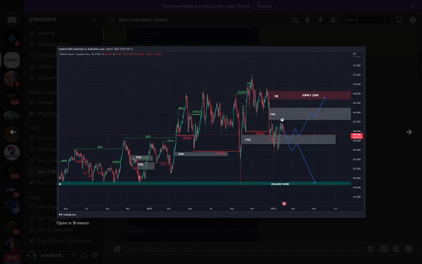What I'd like to see is price to fill up this fair value gap here, and our change of character was in here. So the order block that caused that change of character is this one here. So I would like to see price fill in this fair value gap here, show us a double entry to then break these lows. Then we have so much liquidity left underneath here with these equal lows that price would be magnetized to the downside.